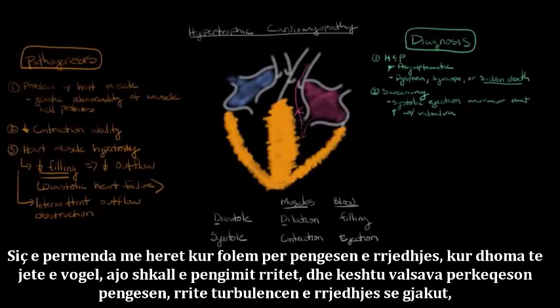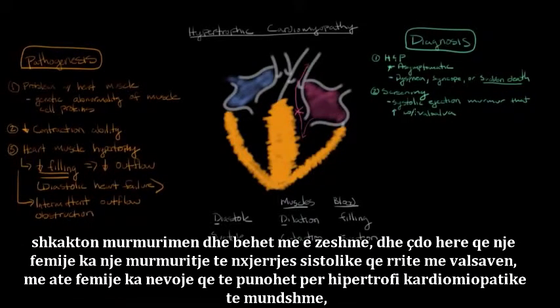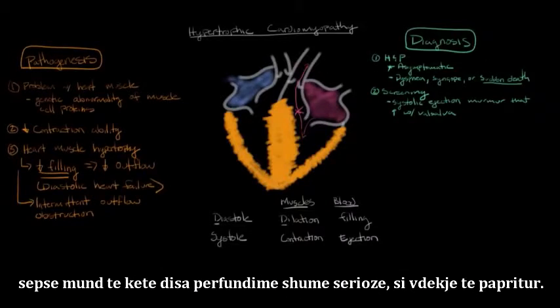So a Valsalva worsens the obstruction, increasing the turbulent blood flow, causing the murmur to become louder. So any time a child has a systolic ejection murmur that increases with Valsalva, that child needs to be worked up for potential hypertrophic cardiomyopathy because it can have some very serious outcomes, such as sudden death.